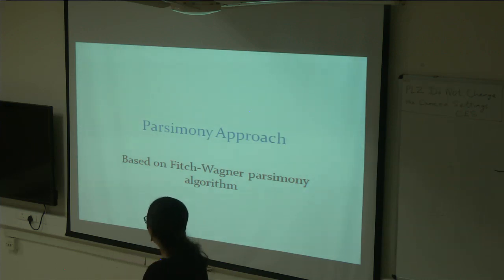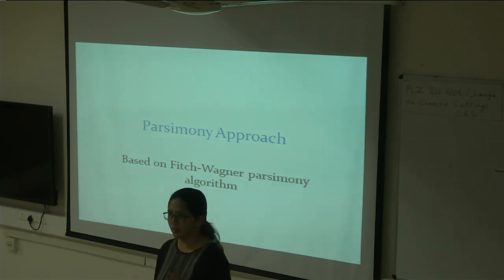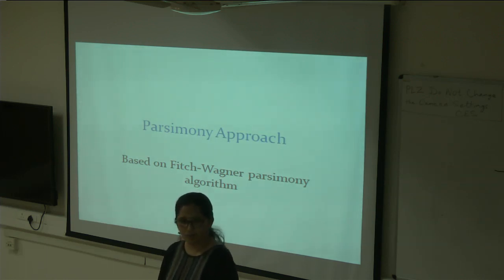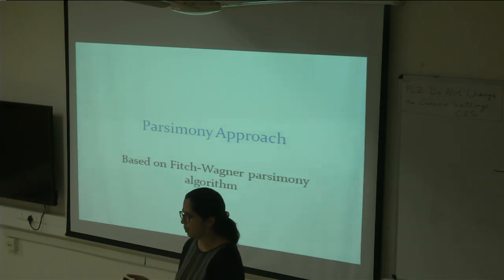Yeah? So all of you know the parsimony approach to build a tree, right? Phylogenetic tree. What's the principle here? Minimum number of changes, to explain the relationship. Same thing. The algorithm today we'll talk about is called the Fitch-Wagner parsimony approach, which uses the same principle.